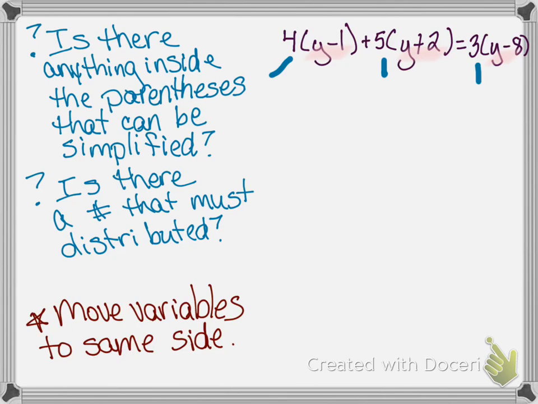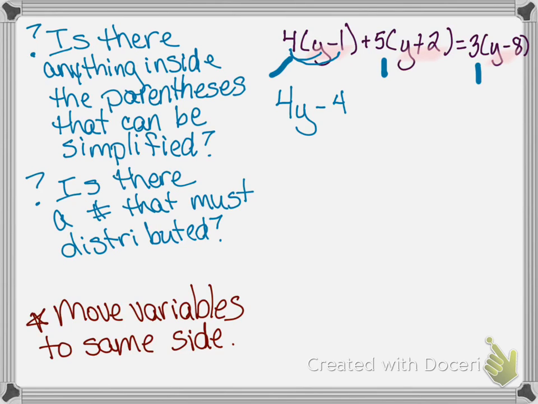So we're going to take 4 and multiply it times y. Then we are going to take 4 and multiply that by -1, because remember, that subtraction sign belongs to that 1. We could rewrite that if we wanted to as y plus -1. So 4 times -1 is -4.